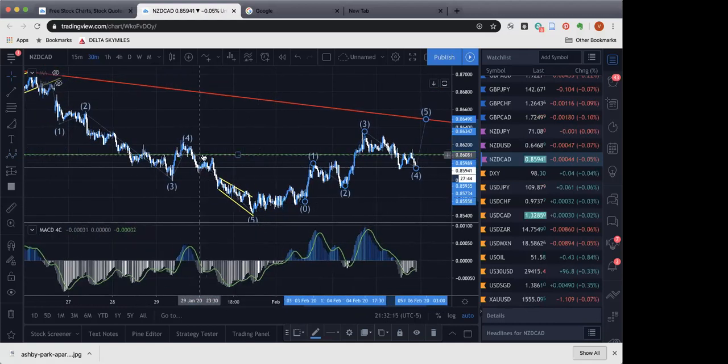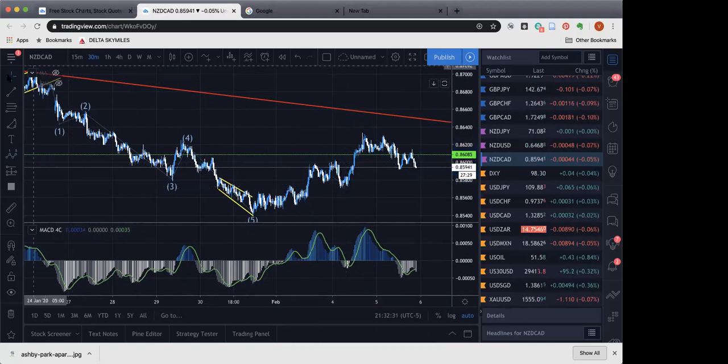Notice it gave you this perfect cup of Henny right here. So even if you missed this move, this second move would have been a good move for you to get that entry on.